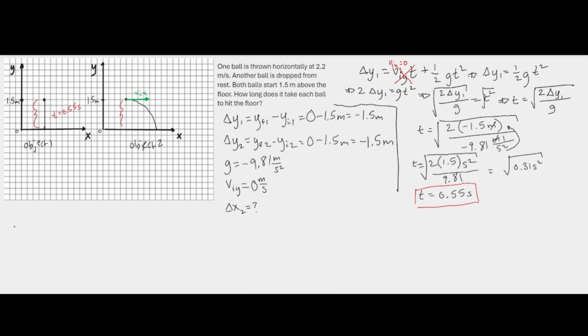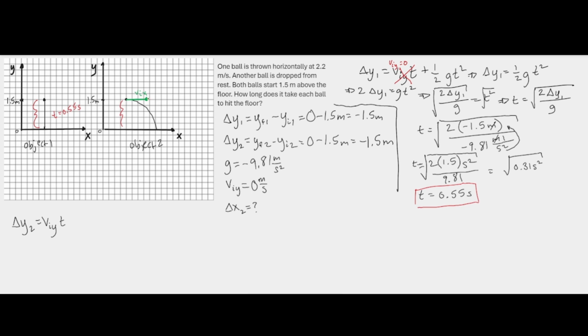So let's do that. We have delta y2 equal to VIY times time, plus the other component. We've already said that the VIY for both of these is the same. We're using VIY because vertically they both start with 0 velocity. Object 2 has horizontal velocity since it's being thrown horizontally, but this person isn't throwing the ball downwards with some force.